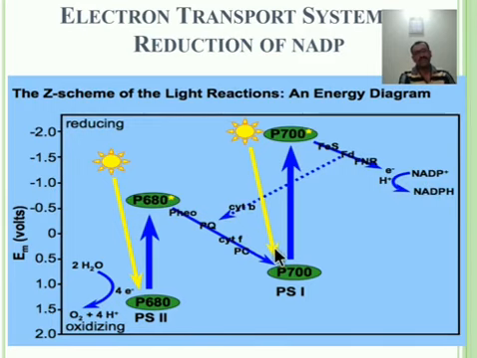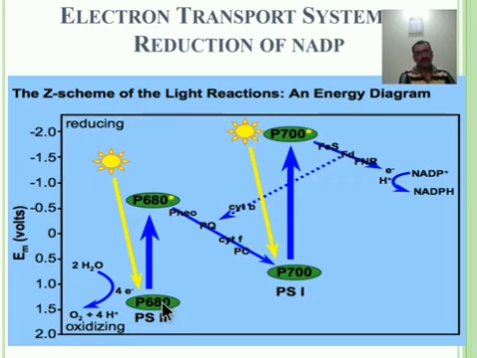The first part starts from here, the Mn containing protein, that is the Z complex. First, this is photosystem second. The reaction starts from here and requires a reaction center, and that reaction center is P680. Here, excitation of the electron from the water molecule comes toward photosystem second, or the reaction center second.